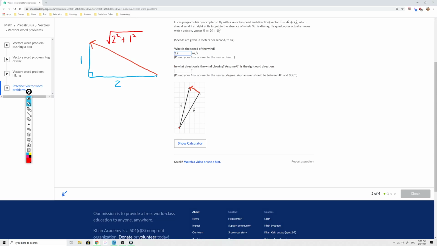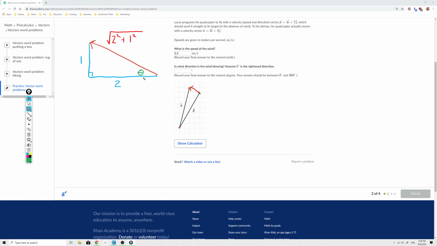Now, if you mess up on this problem, the most likely reason I'm betting is with the direction. Because if you just look at this picture, let's say you didn't read the problem and you just saw this, what you would probably be tempted to do is find this angle theta.